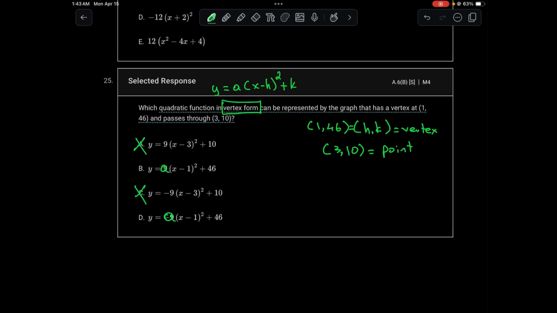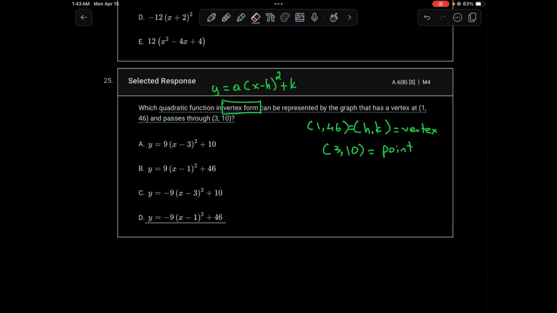What we would do is plug in 3 for x and 10 for y, then solve for A and see what the value of A is. If the value for A is 9, then it's this option. If the value for A was negative 9, then it's this option.